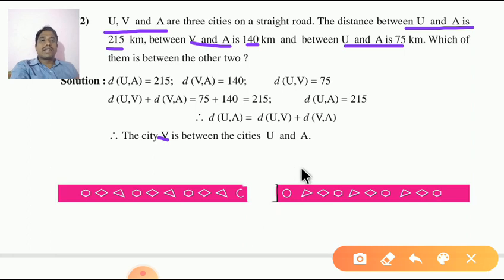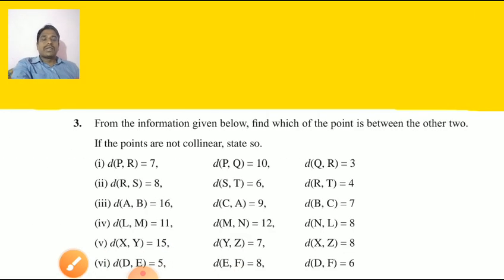In this way we can solve some examples. Now here we have question number 3 from practice set 1.1. From the information given below, find which of the points is between the other two. If the points are not collinear, state so. First check whether the points are collinear or not.